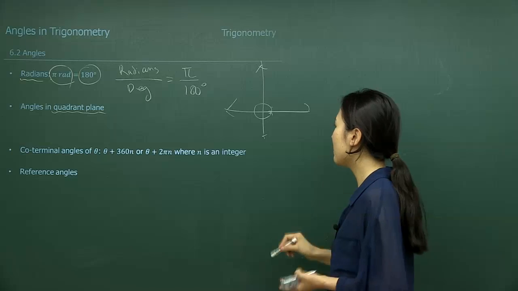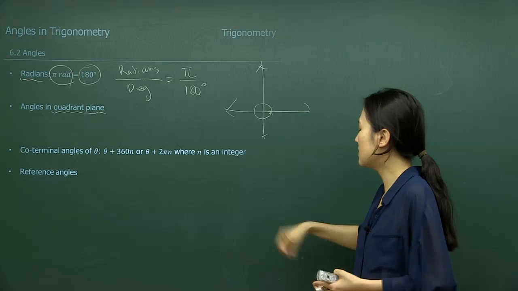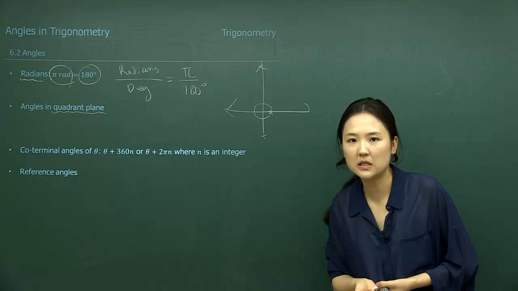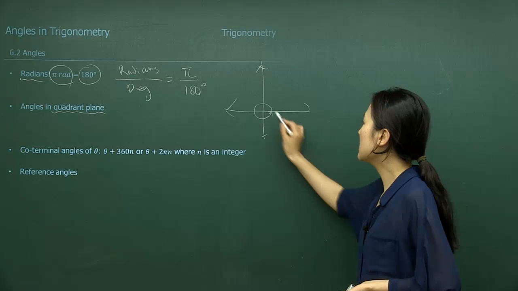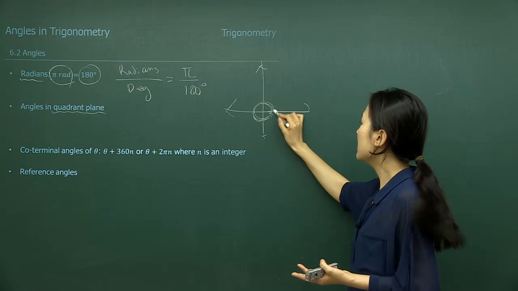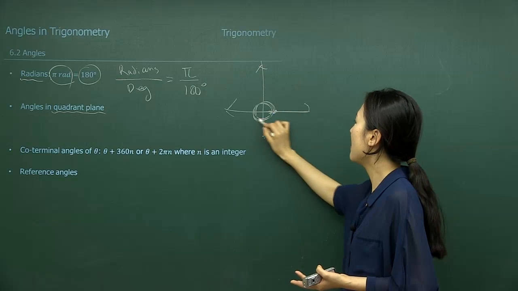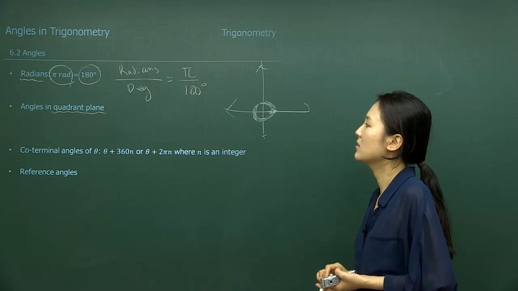So technically, position-wise on a plane, 360 degrees might as well be 0 degrees. Or it can be equal to 720 degrees because it keeps coming back after 360, right? This point can have so many angles as its measurement.